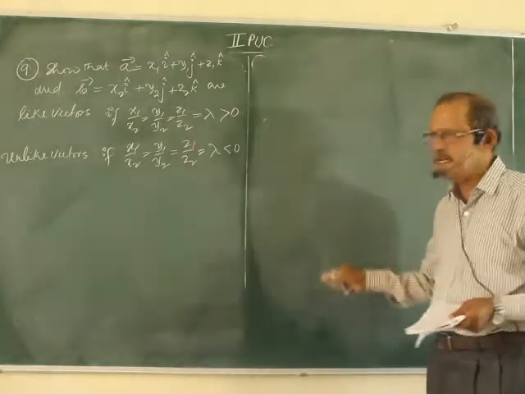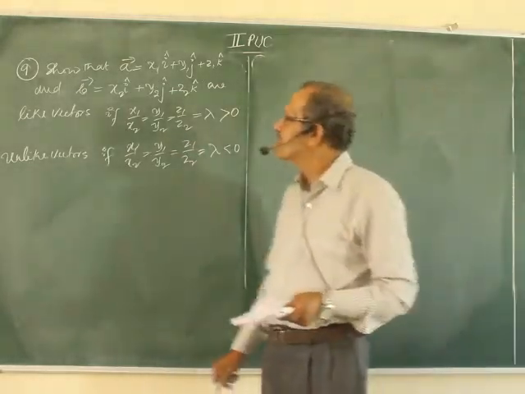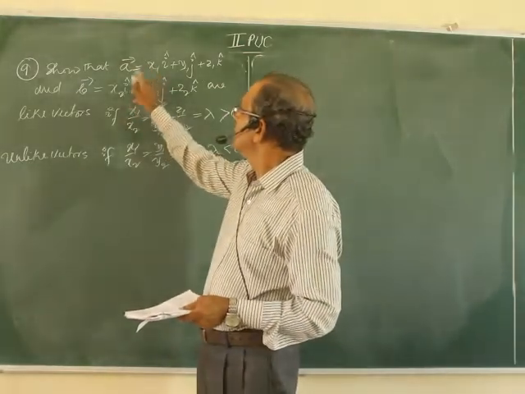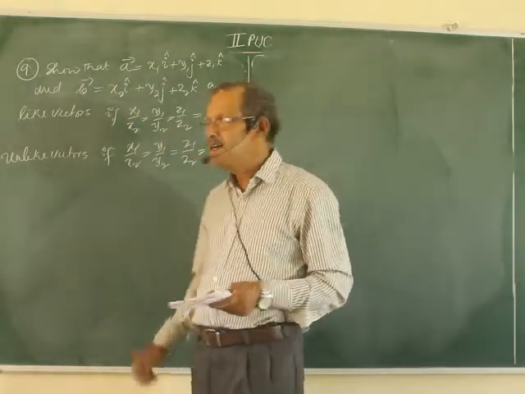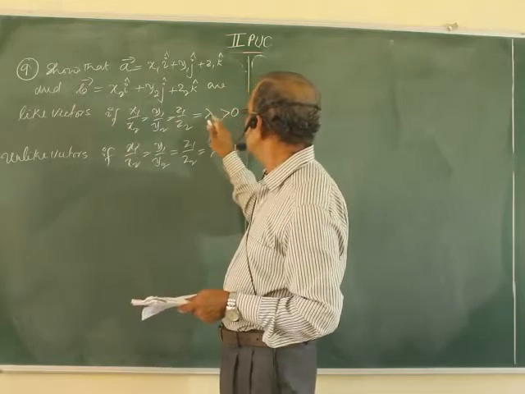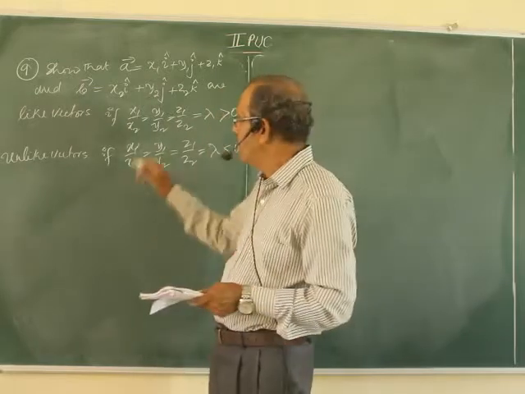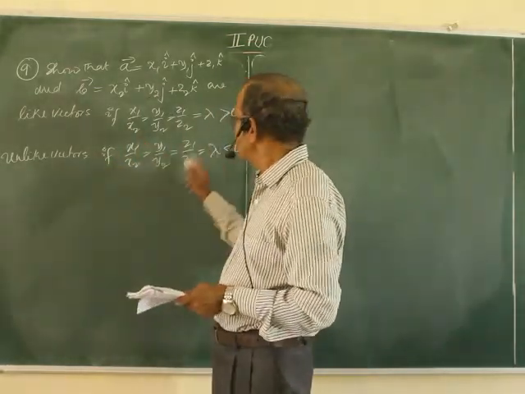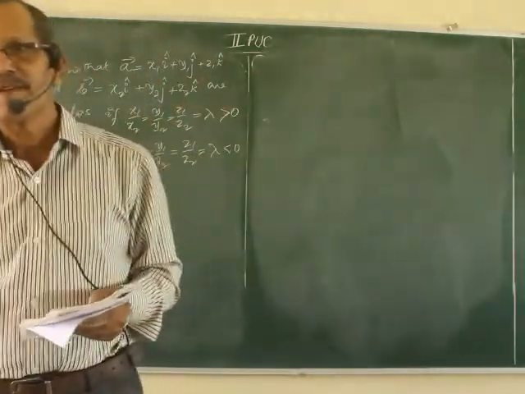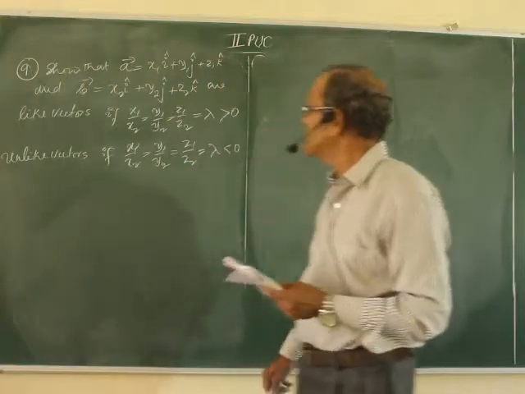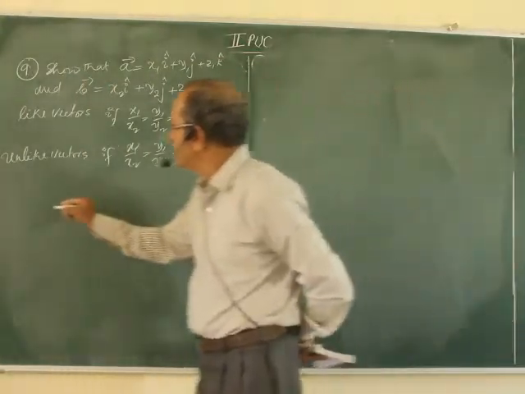Same thing what we have done in the previous problem. Like vectors, their ratios are equal and that ratio should be greater than 0. Unlike vector, again ratios are equal but the ratio is negative. Just as the previous case.